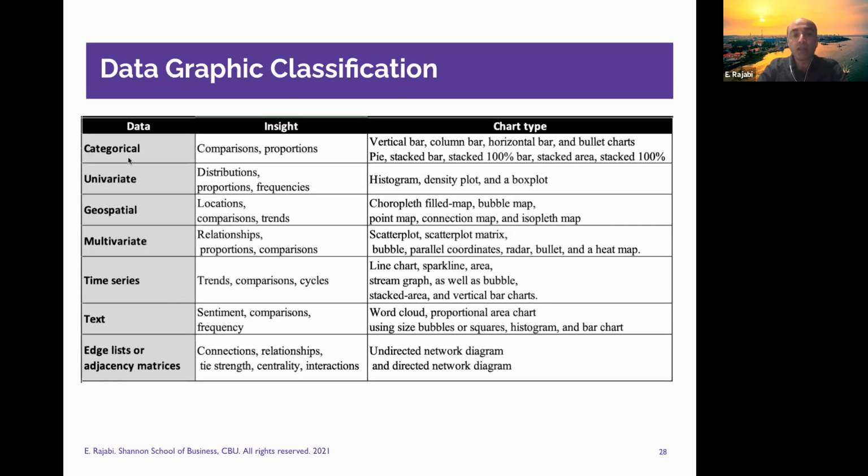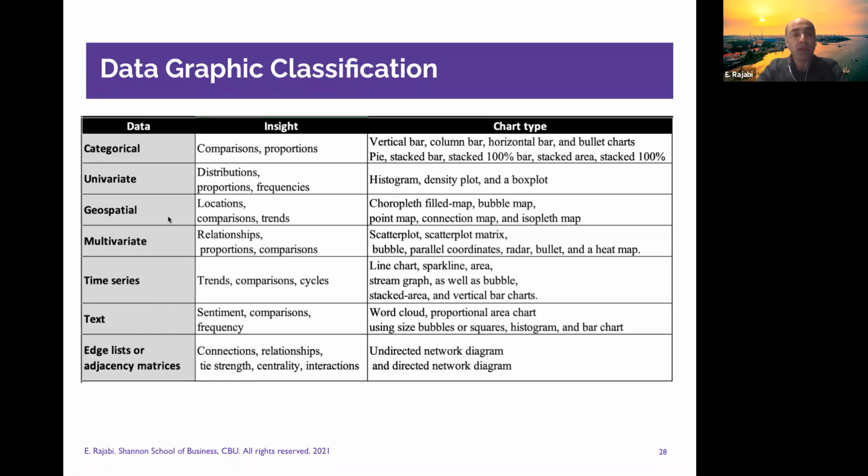For each category, based on the insight that we want to have in the data, there are limited chart types that we can use. For example, for categorical data, we can use a vertical bar, columnar bar, or horizontal bar. If we are looking into proportion, we can use pie chart. In univariate data, we are talking about one column, one field. So for that case, we can use histogram to show the frequency, or density plot to show the proportion or distribution.